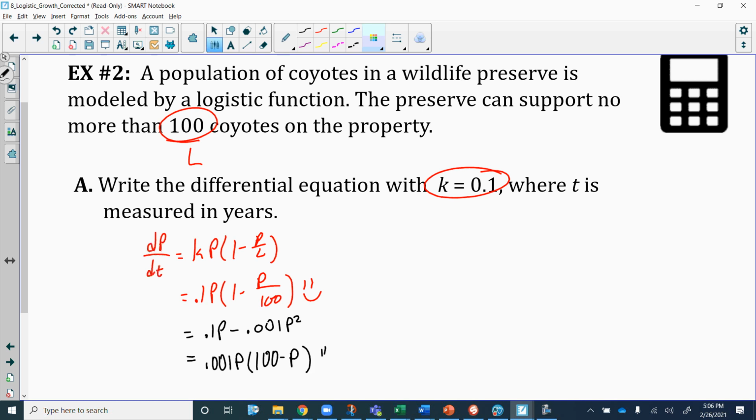We could also write the differential equation like that. The way that I have it written at the bottom is something I'm going to refer back to at some point to try to simplify things for you.